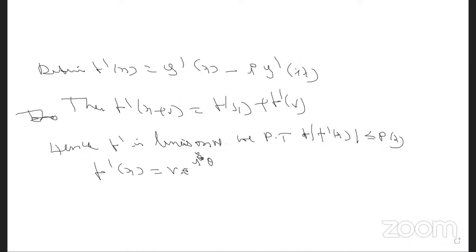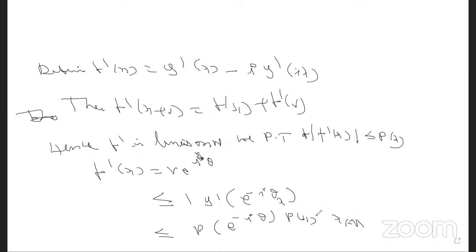Then it follows that mod f dash x equals f dash of e power minus i theta x, that equals g dash of e power minus i theta x. Since f dash of e power minus i theta x is a positive real number, that is less than or equal to mod g dash of e power minus i theta x, so less than or equal to p of e power minus i theta x, that equals p of x.